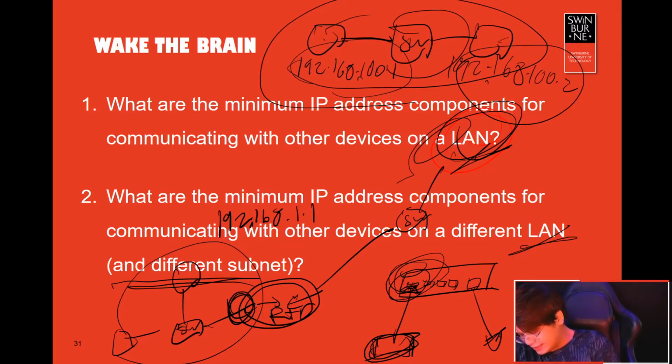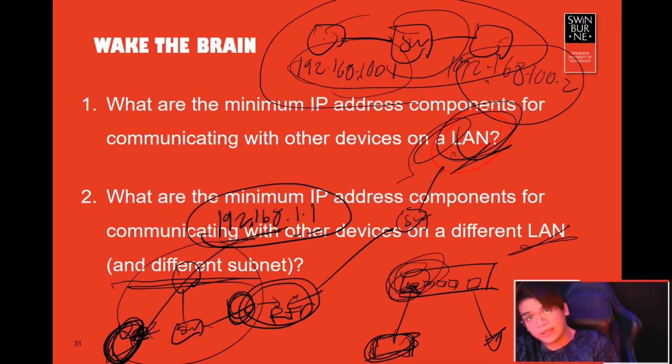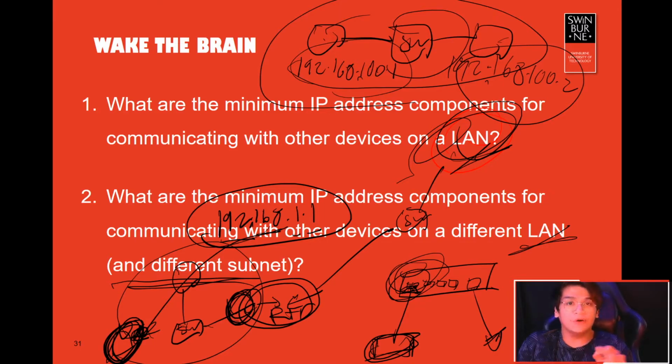You set this IP address as your default gateway inside your PC, so it knows that 192.168.1.1 is the endpoint of the network before it goes out to the outside of your network. So the default gateway address will be your router address.